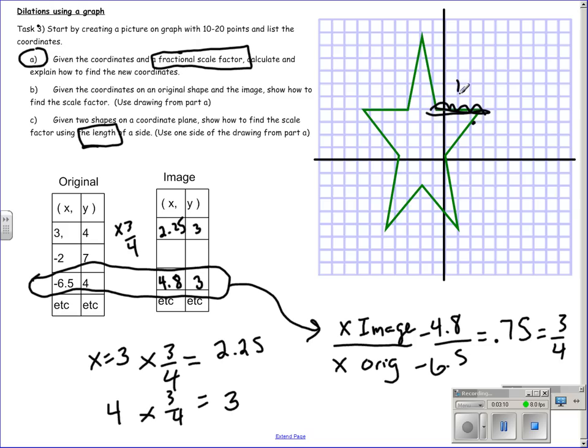So if this length equals 4, you're going to look at your image, and maybe that image was smaller, and that image was 3. 1, 2, 3 of your new shape. And then you're going to check, is the new length divided by the old length, does that give me back the 3/4? And you will show it on the paper, and you will document, and you'll explain what you just did.